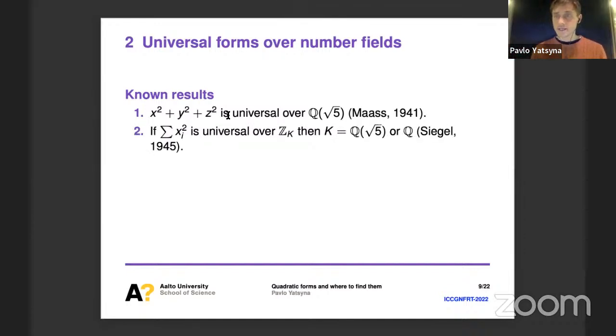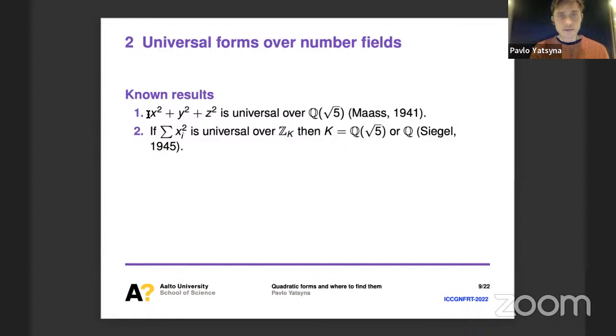A result by Siegel says that if you have any finite sum of squares and it is universal over the ring of integers of a totally real number field, then this number field has to be either Q adjoin square root of 5, as here, or it has to be the rational integers. So the only two cases where a sum of squares can be universal are these two fields.